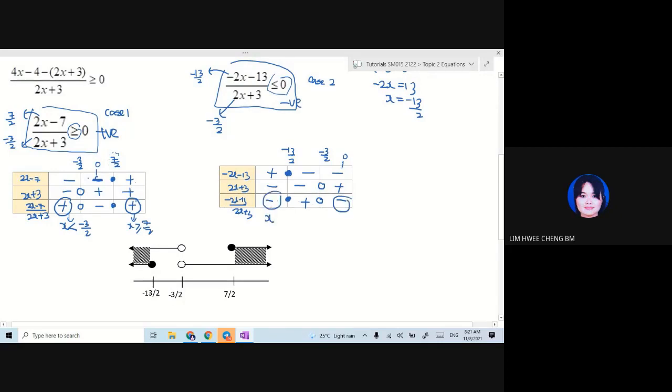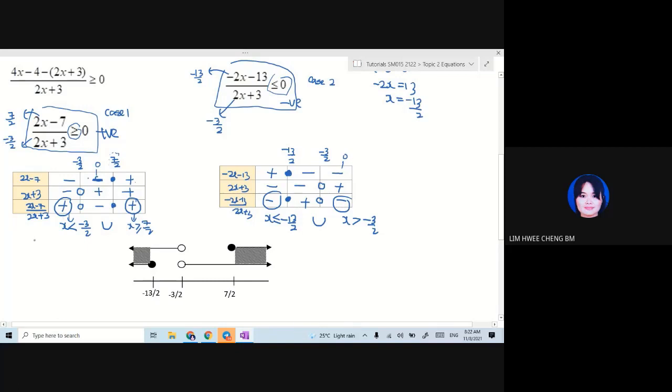You write the final region first. The solution for this is x less or equal than minus 13 over 2 or x is greater than negative 3 over 2. This one you also have to put an or because you have two different answers, this value or that value.